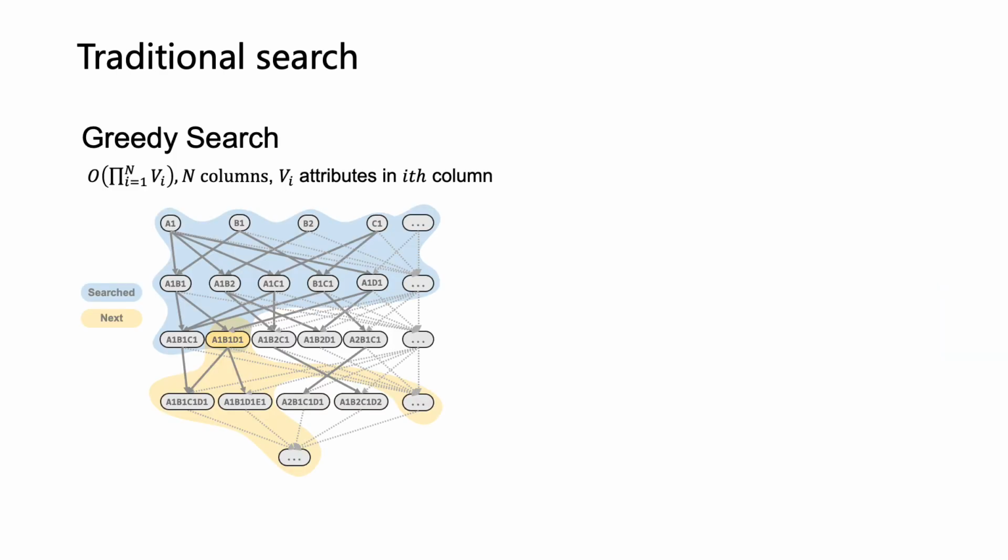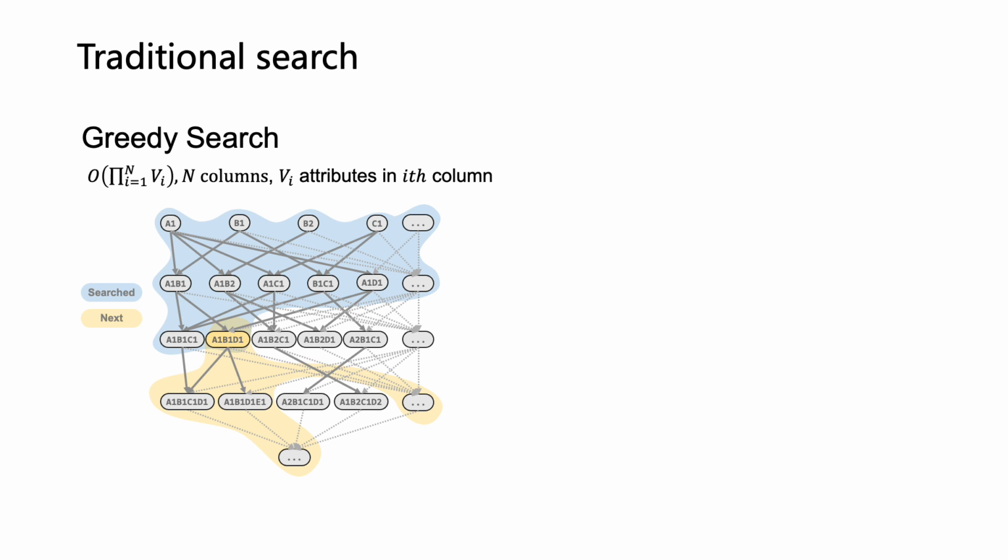With the objective function, we then need to design the search framework. In the search paradigm, it is very intuitive to perform greedy search for all combinations, which means that it has to search all its subsets before going to a pair set. The complexity is as large as this order. In the cloud system context, we have tens of columns, and each column has a lot of attributes.